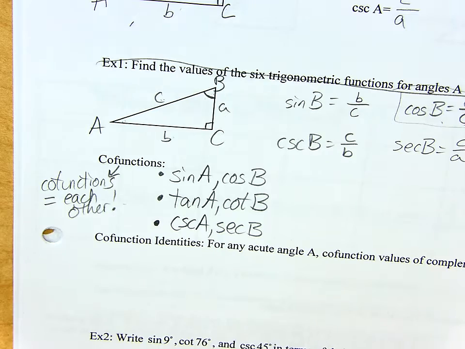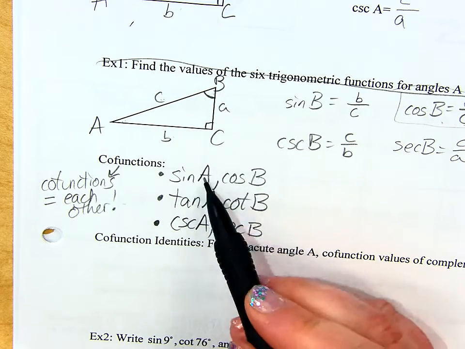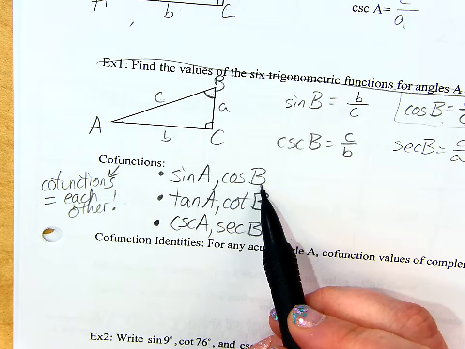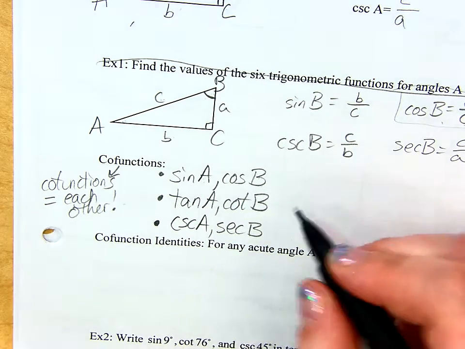And you can swap A and B around in any of these, right? Sine B and cosine of A, still a cofunction pair. So let's note that.